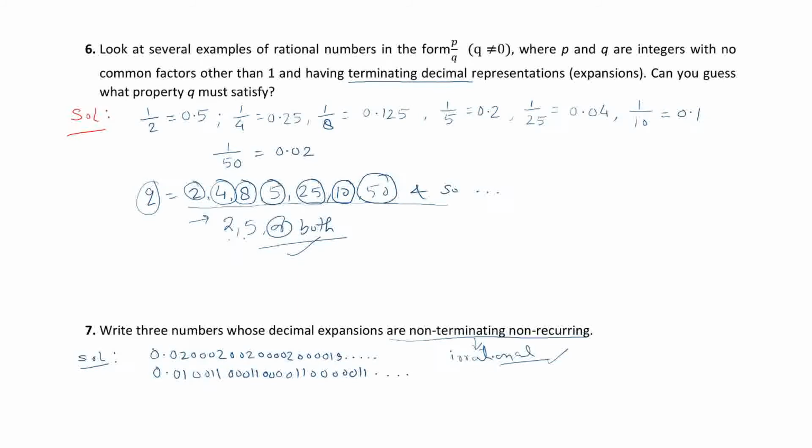Next, we can also write 0.13, 0.013, 0.0013, 0.00013, 0.000013, and so on. So in this way, we can write infinite numbers whose decimal expansions are non-terminating and non-recurring. Alright, so let's move to the next problem.